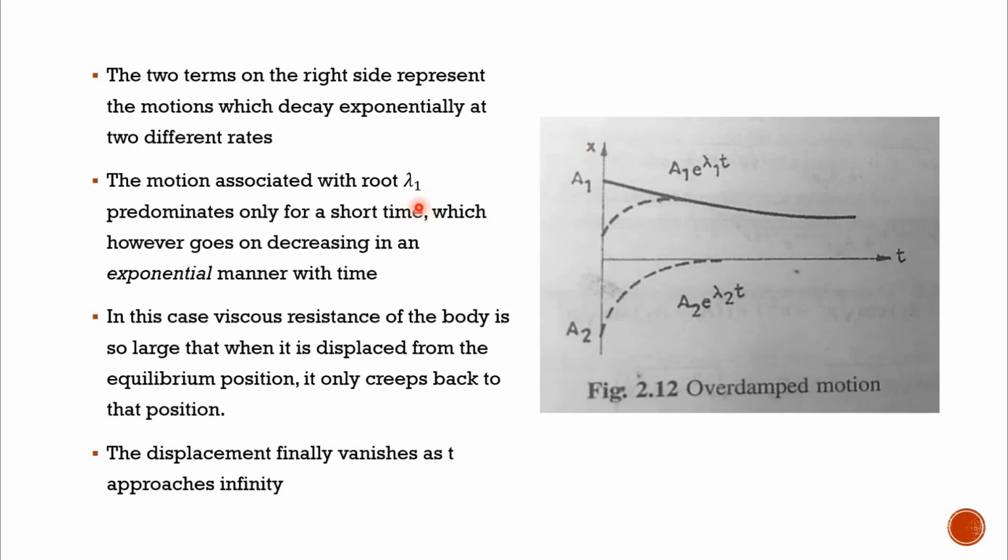Even though lambda 1 predominates for a short time, it goes on decreasing in an exponential manner with time, and the displacement finally vanishes at time t equal to infinity. Okay, so that is the overdamped case.